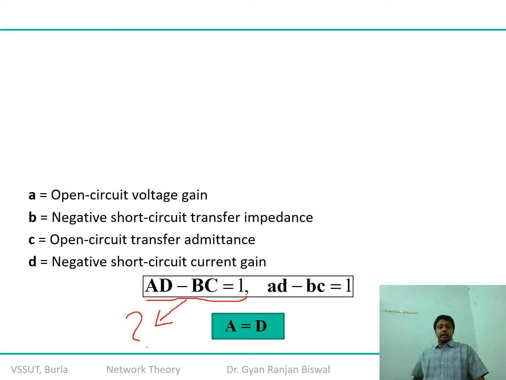If you are able to do that, you will get a beautiful relation as far as any transmission network is concerned. Can you guess what you can get? You'll appreciate that a design system which is able to satisfy this condition will be proven as a reciprocal network.